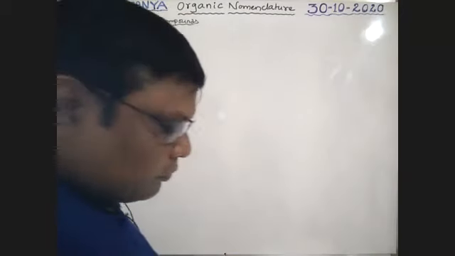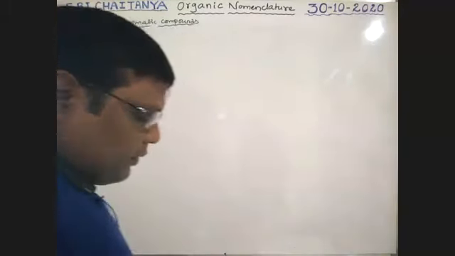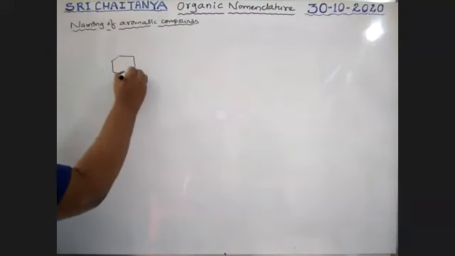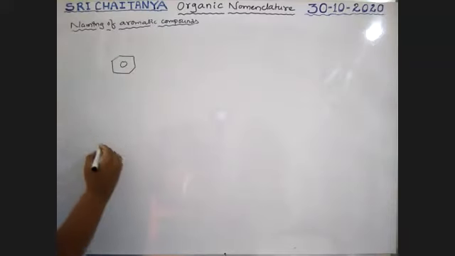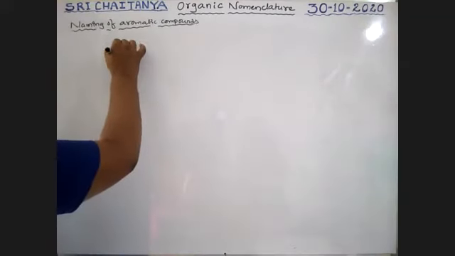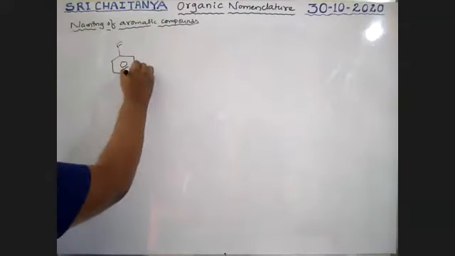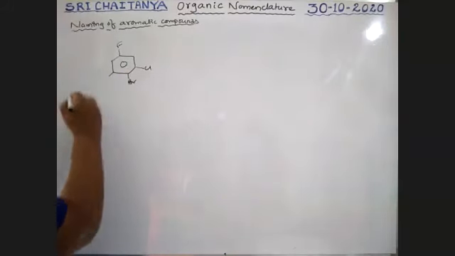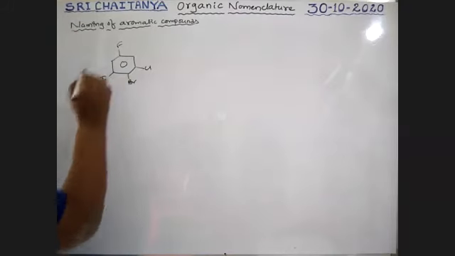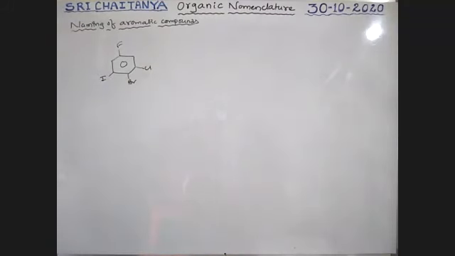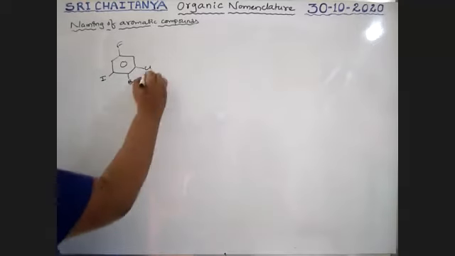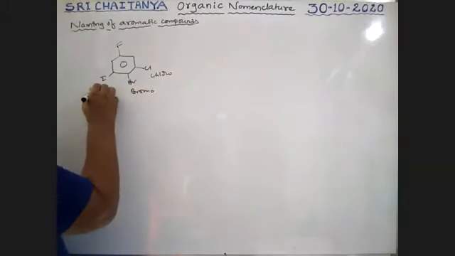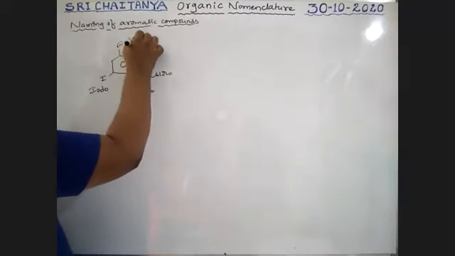Next, some more examples. That is when benzene is connected with fluorine, chlorine, bromine, iodine. Boys, it is chloro, bromo, iodo, fluoro.